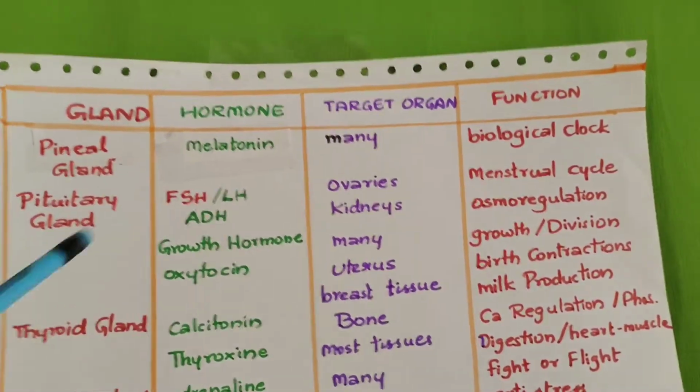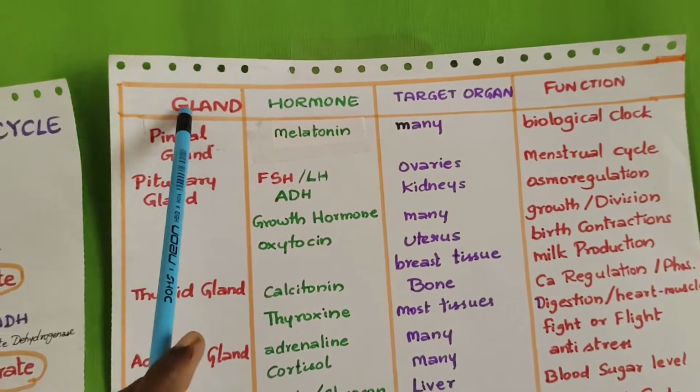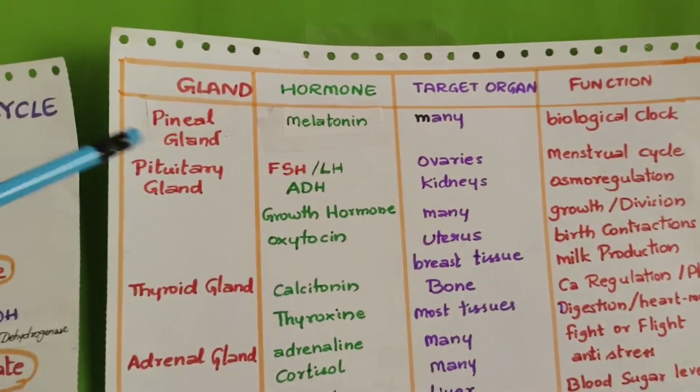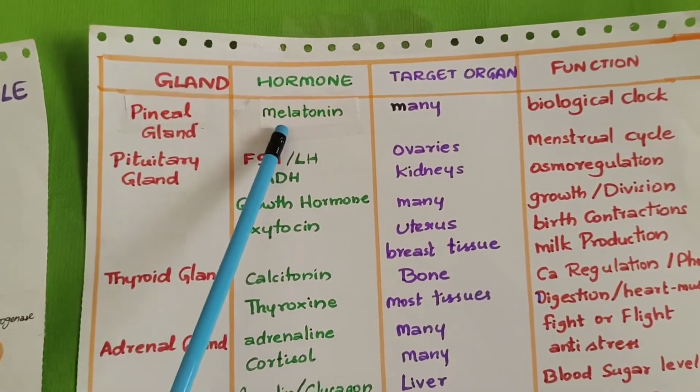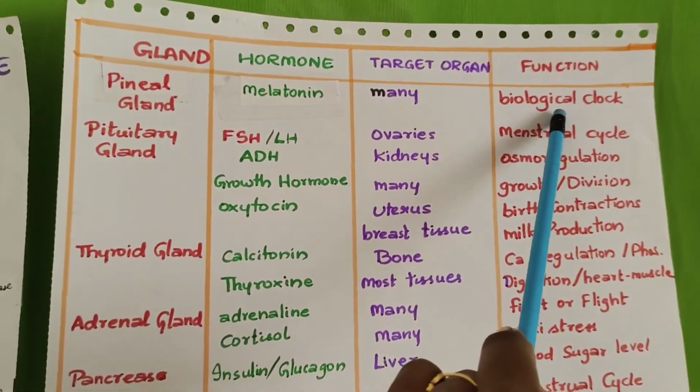Moving on with this important topic, that is endocrine and exocrine glands and the hormones produced, their target organs and the function. Okay, so firstly starting with the pineal gland, the hormone secreted from it is melatonin, and the target organ is many, and it functions as the biological clock.